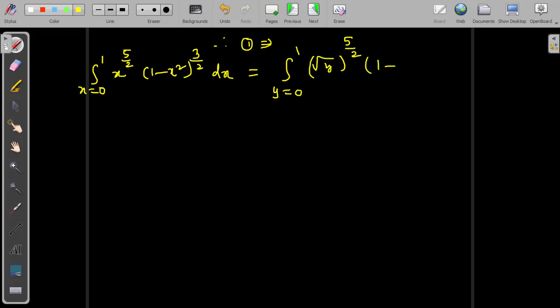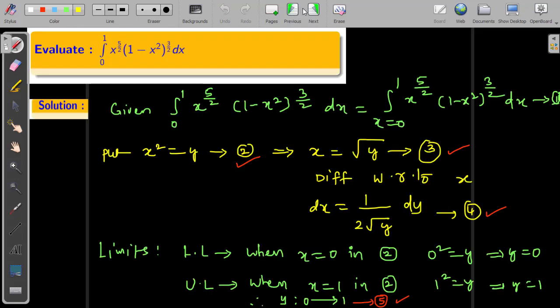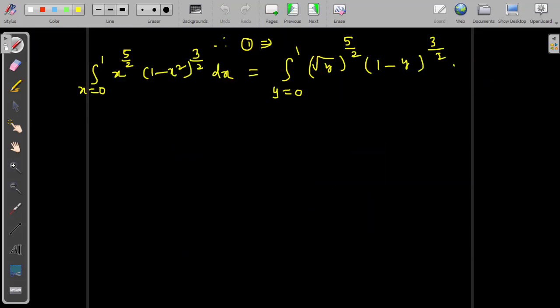So 1 minus x square from equation 2 is y, so power 3 by 2. Again we have dx, from equation number 4, 1 by 2 times root y, again dy. Now this total right side is a definite integral in terms of the y variable.